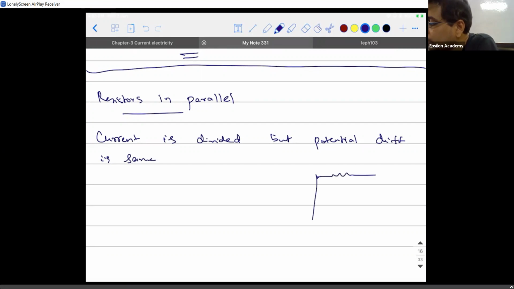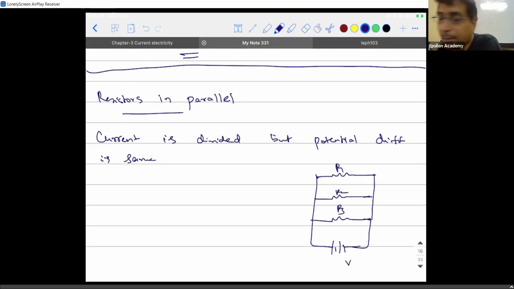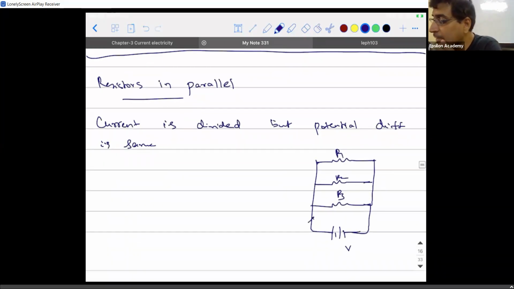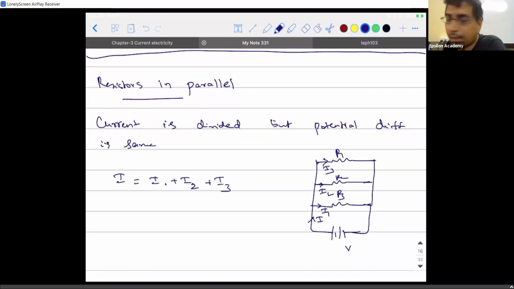So if I take the resistors like this, R1, R2, R3, and the current supplied by the battery is I, the current will get divided as I1, I2 and I3 such that I is equal to I1 plus I2 plus I3.